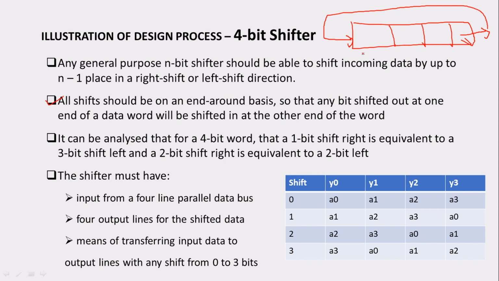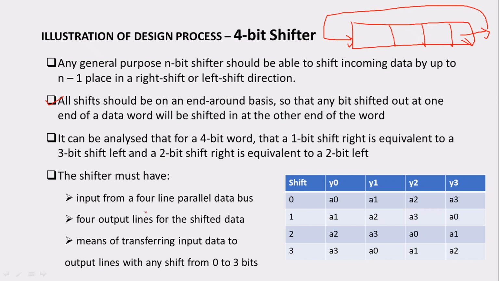From this we can see that for a 4-bit word, 1-bit shift right is equivalent to 3-bit shift left, and 2-bit shift right is equivalent to 2-bit shift left.